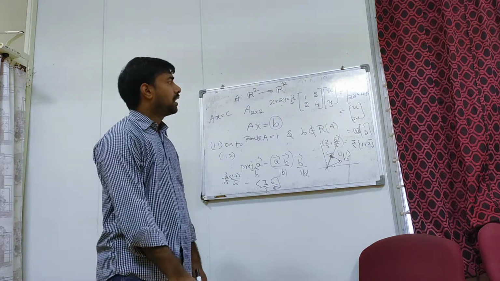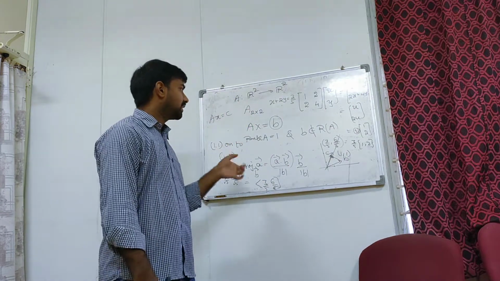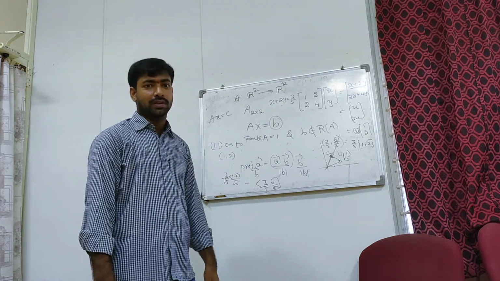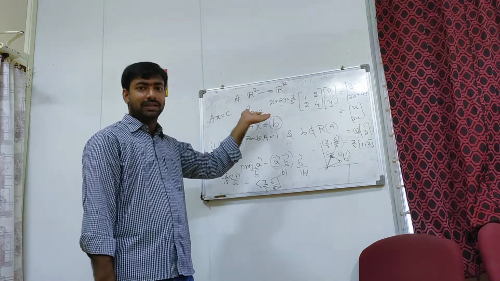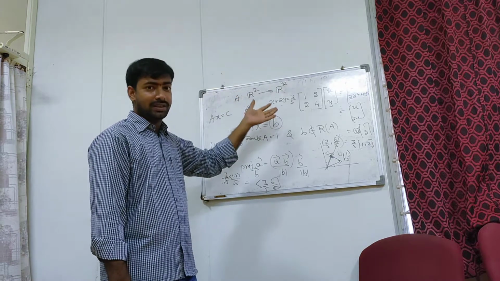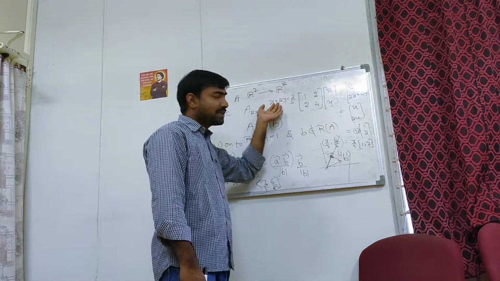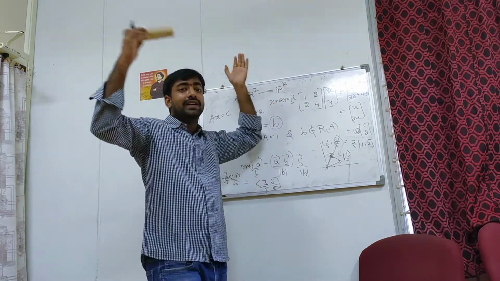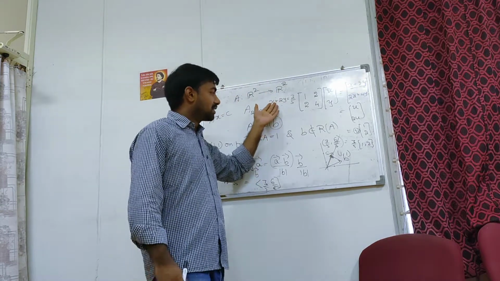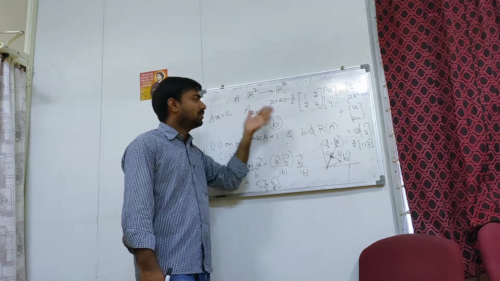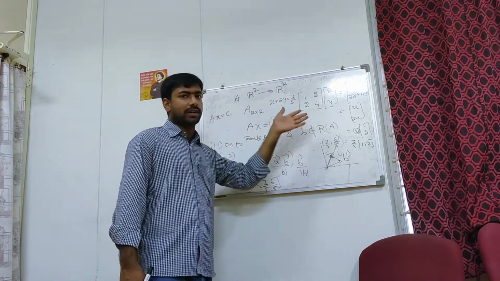Now how many (x, y) are there for which x plus 2y equals 3 by 5? Every point on this line satisfies this condition, right? So we have infinitely many such x for which Ax equals C, or Ax equals (3/5, 6/5).